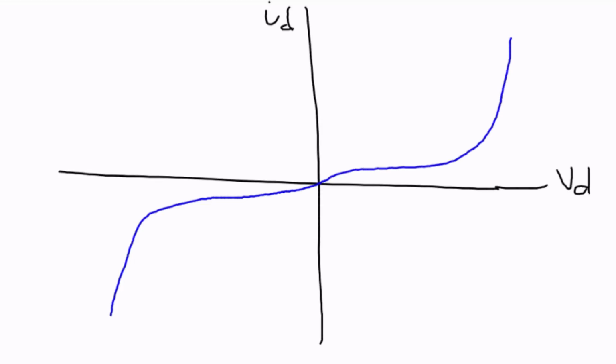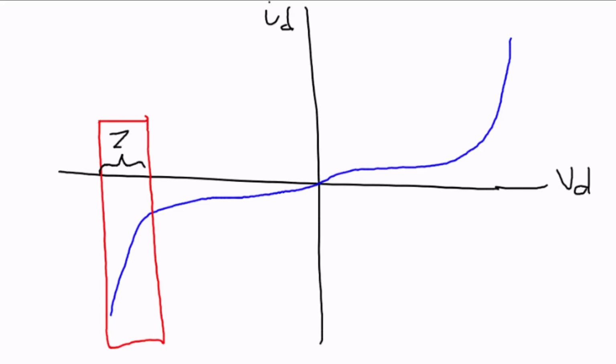Alright, now I want you to look at, let's go with red, look at this region here. Whatever this voltage range is right here, we could call that the Zener region.